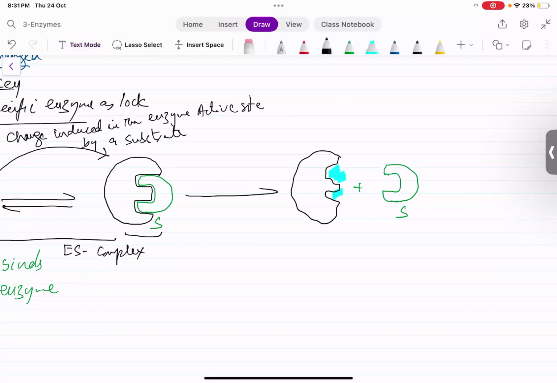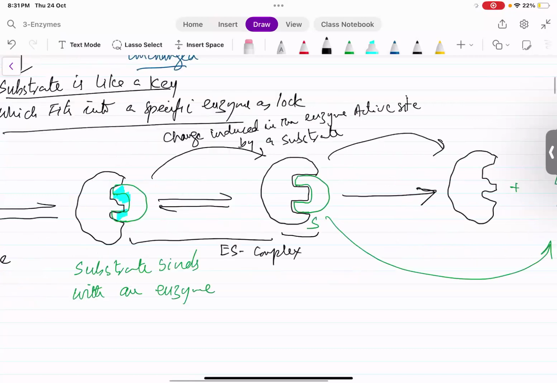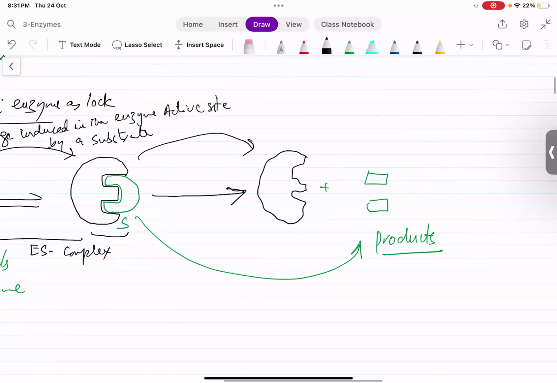So you see, this substrate is broken down to the products. These are the products formed. So the substrate is converted into the product, and the enzyme returns to its original shape that was at the start of this chemical reaction. So the enzyme is unchanged or unaltered at the end of this chemical reaction.